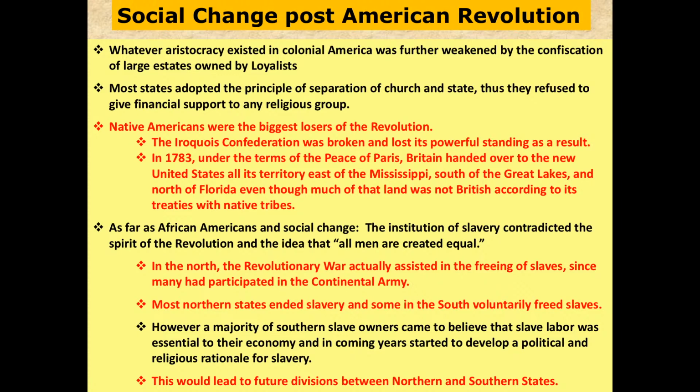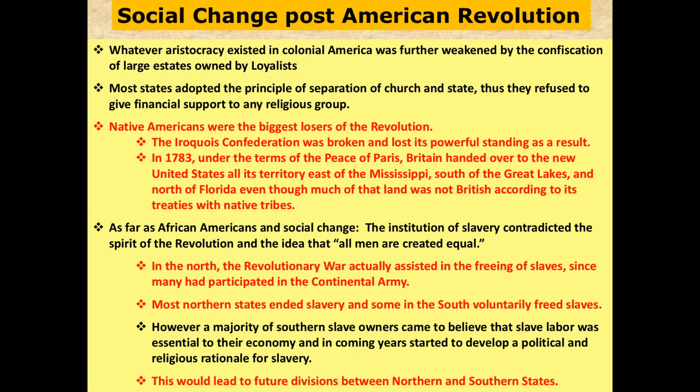In the South as well, there would be a few slave owners who would actually give their slaves freedom. However, slavery was going to remain widespread in the rest of the southern states.